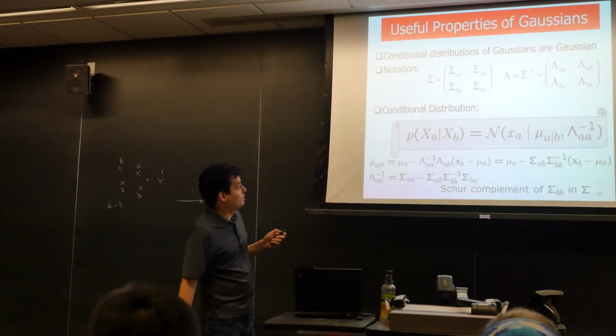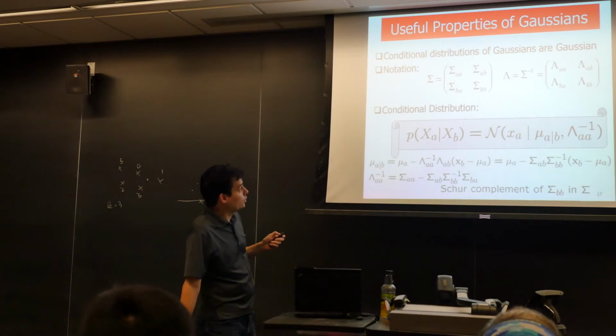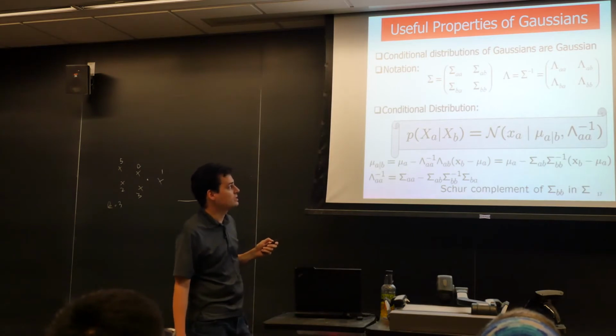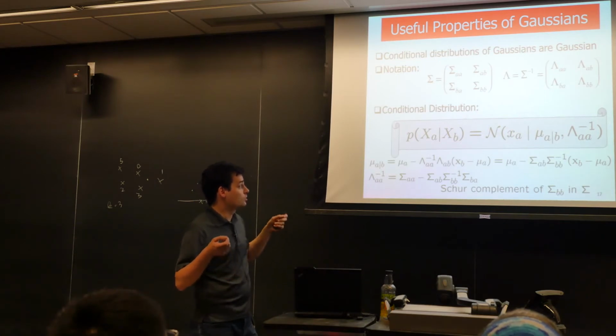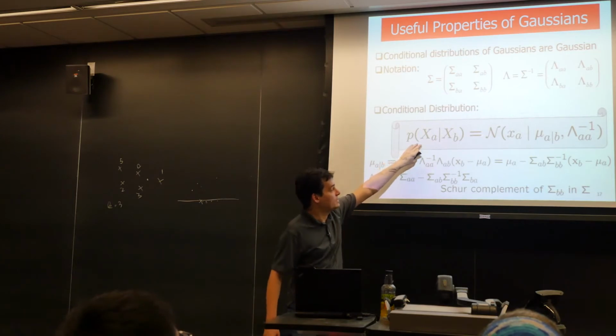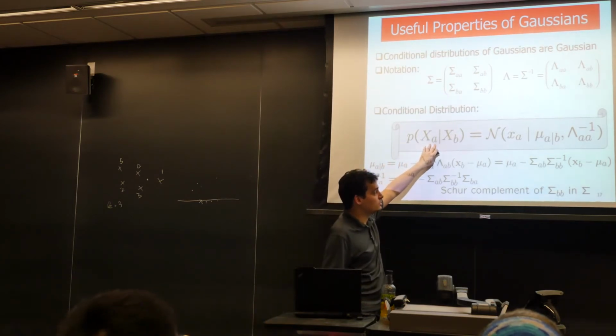So if the original Gaussian distribution had covariance matrix sigma aa, sigma ab, sigma ba, sigma bb, so I split the original random variables into xa and xb, then the probability distribution of xa given xb will be a Gaussian distribution.